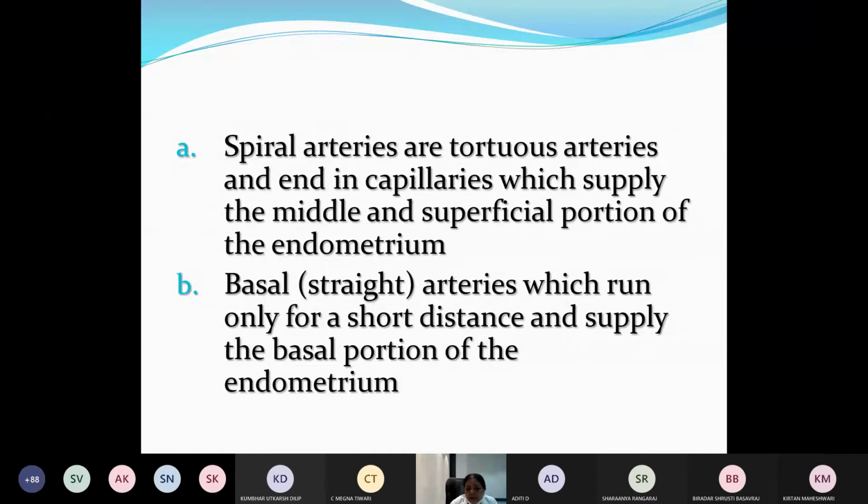Basal arteries are straight and small, run only a short distance and supply the basal portion of the endometrium.